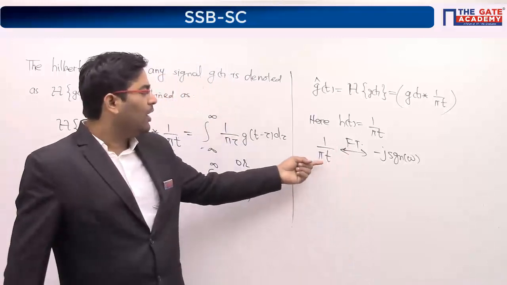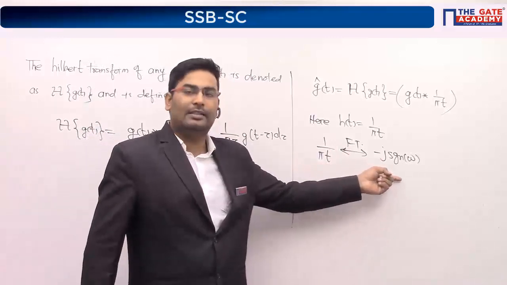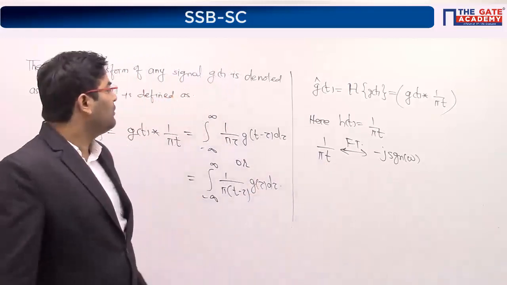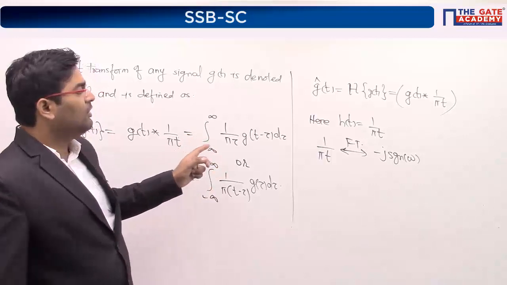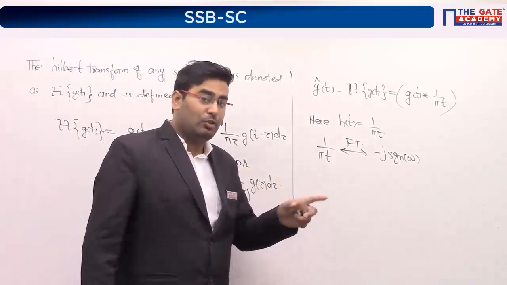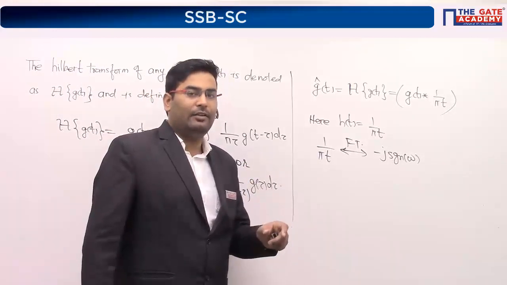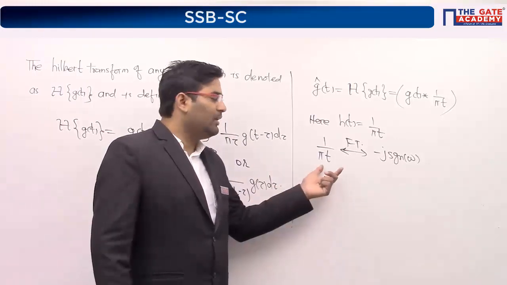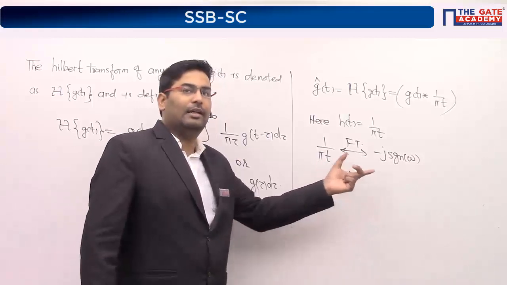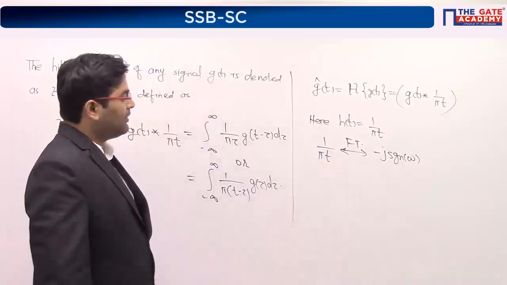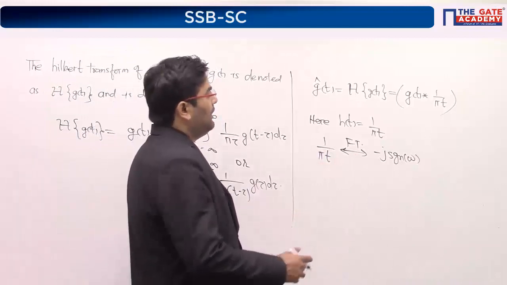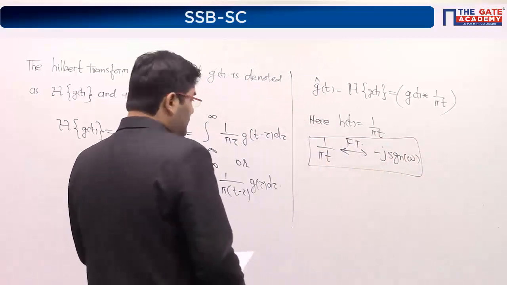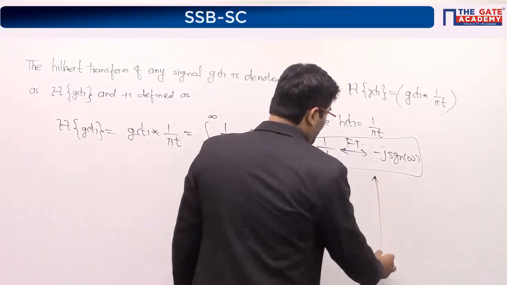So you know that the Fourier transform of 1 upon pi t is minus j signum omega, but where do you get this 1 upon pi t? You have to look at the 2 by j omega. The Fourier transform of signum t is 2 by j omega. So if you ask what is the Fourier transform of 2 by j t, you can replace j with pi and all, and you will get there. That's a very good derivation. You can look at signals and systems and you will get it. But still, for now, you can just remember it. And it's very good to remember it, otherwise you will have a lot of issues.